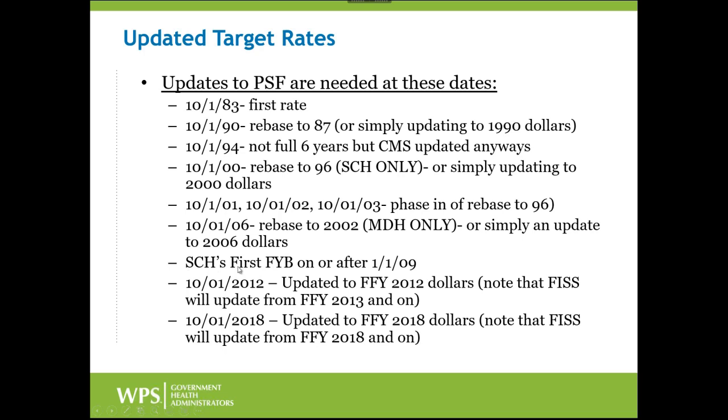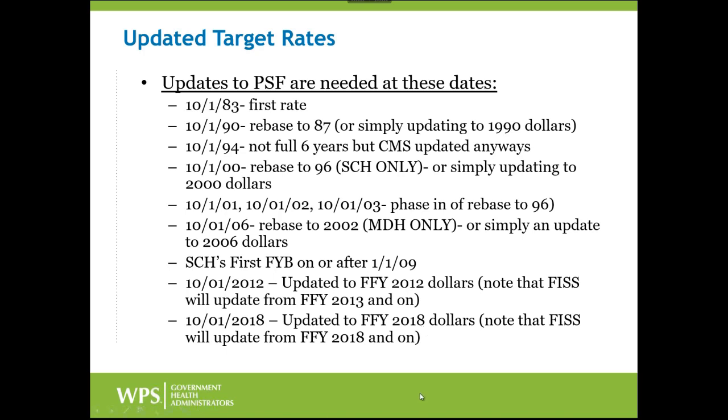That was for sole community hospitals. And then 10/1/12, there was an inflation to 2012. And then the final update so far is 10/1/18, and the rates were inflated forward to 2018. And again, FIS, or the Pricer, will update from fiscal year 2018 and on.